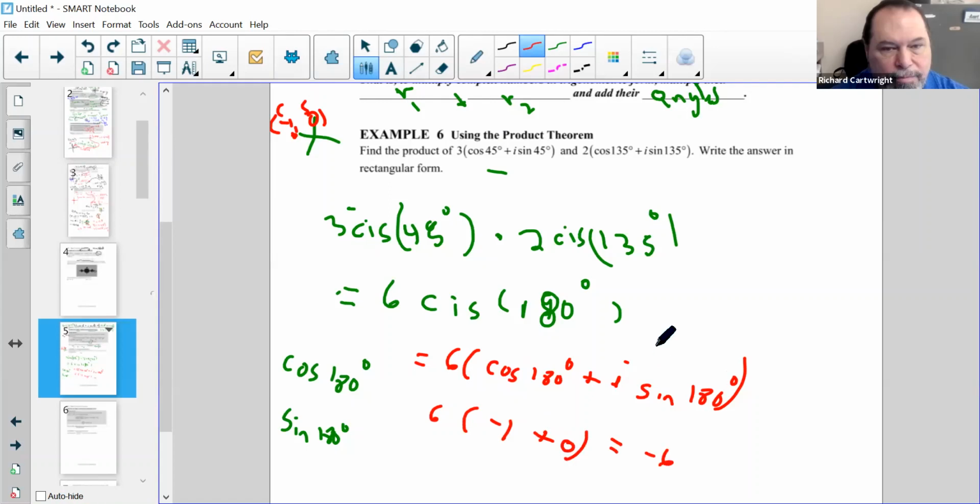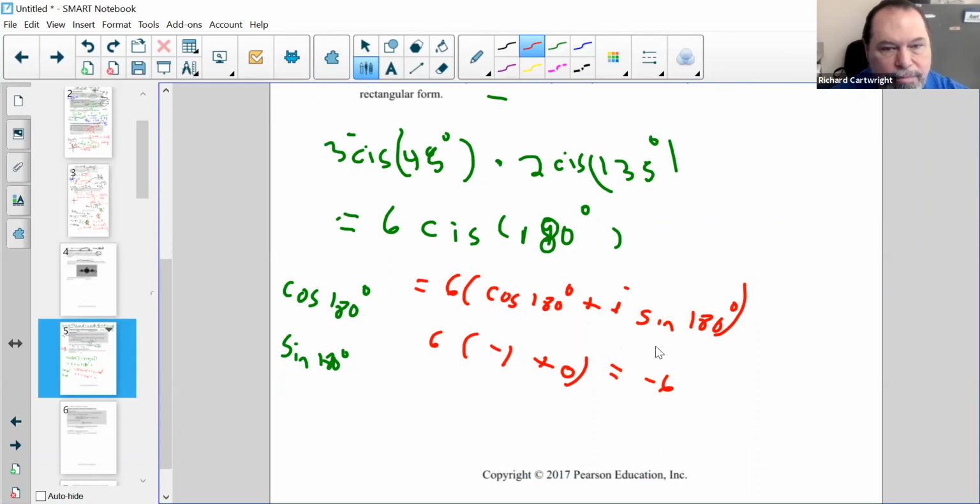That's just not very exciting. I didn't write the problem, so don't shoot the messenger. In other words, if you had to write it out, the real part's a -6, and it's 0i.